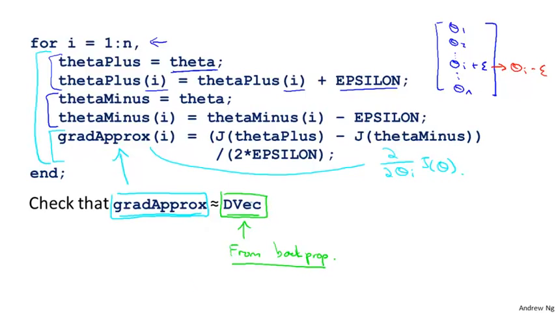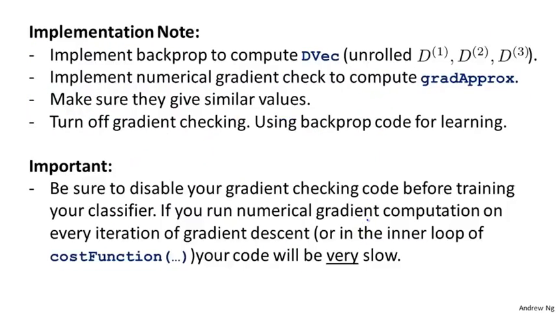And when I plug these DVec vectors into gradient descent or some advanced optimization algorithm, I can then be much more confident that I'm computing the derivatives correctly, and therefore that hopefully my code will run correctly and do a good job optimizing J of theta. Finally, I want to put everything together and tell you how to implement this numerical gradient checking.